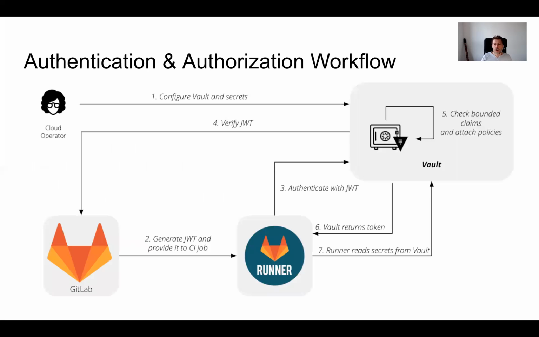So when you look at the flow graphically, once again, it is GitLab which is generating the JWT, sending it to the runner. The runner forwards that JWT to Vault, which then verifies it with GitLab to make sure that the signature is valid. If it is, Vault would return the token which was previously requested by the runner based on the definition.